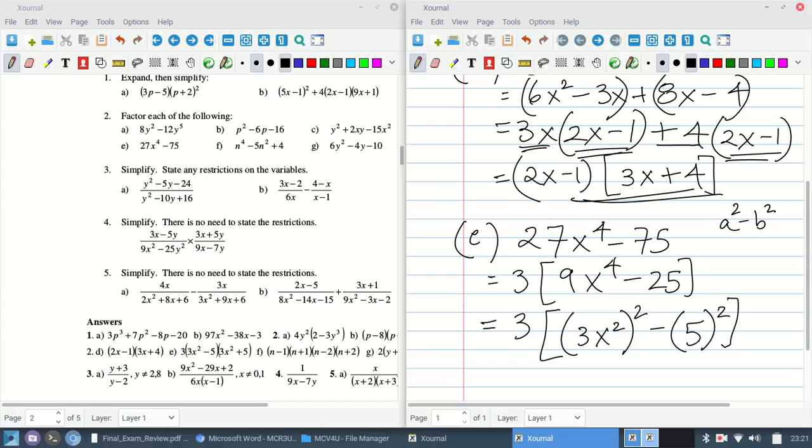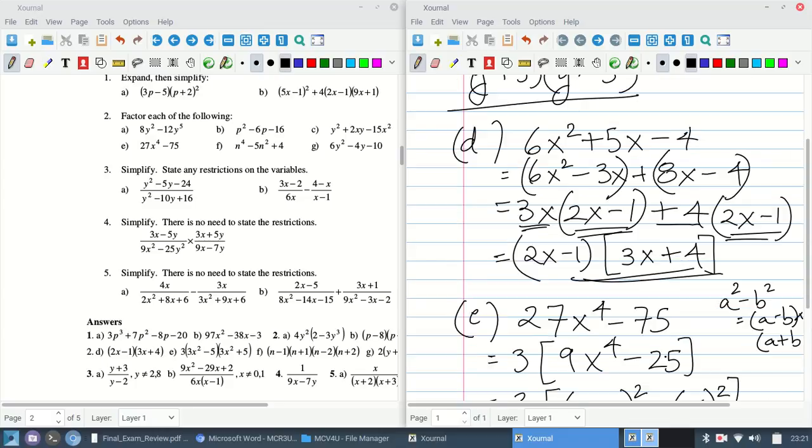So a squared minus b squared is a minus b times a plus b. This is multiplied, not division. Sorry, I didn't have enough room. So now this is going to be 3x squared minus 5 times 3x squared plus 5. So a minus b times a plus b. That's what I get. That's my final answer.